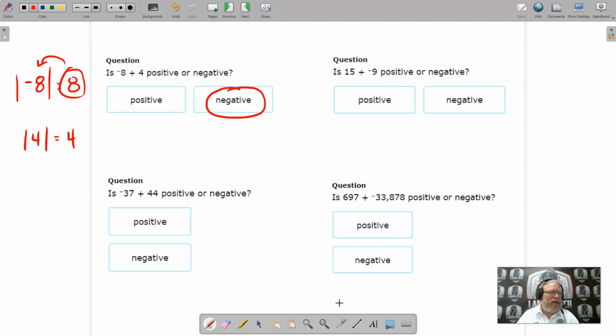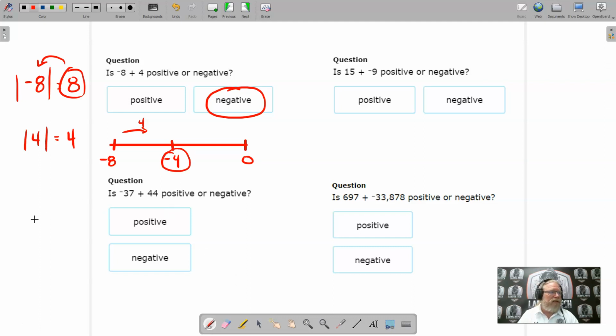And if you think about this, let's go with a number line. This negative 8 plus positive 4 is pretty easy to consider. If we're at negative 8, we're going to add positive 4 units, that's going to take us just far enough to get to negative 4, not quite back to 0, so you see that our answer would indeed be a negative result.